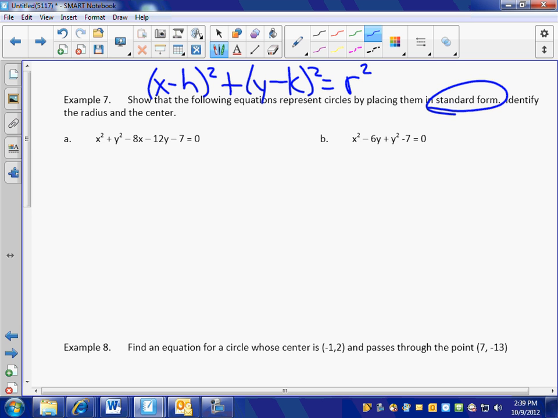Complete the square how many times? Twice. Once for this, once for that. So what I'm going to do is gather all my x's right here, and I'll leave space there for completing the square. Plus y squared minus 12y. I'll leave space there for completing the square, and then equals 7.